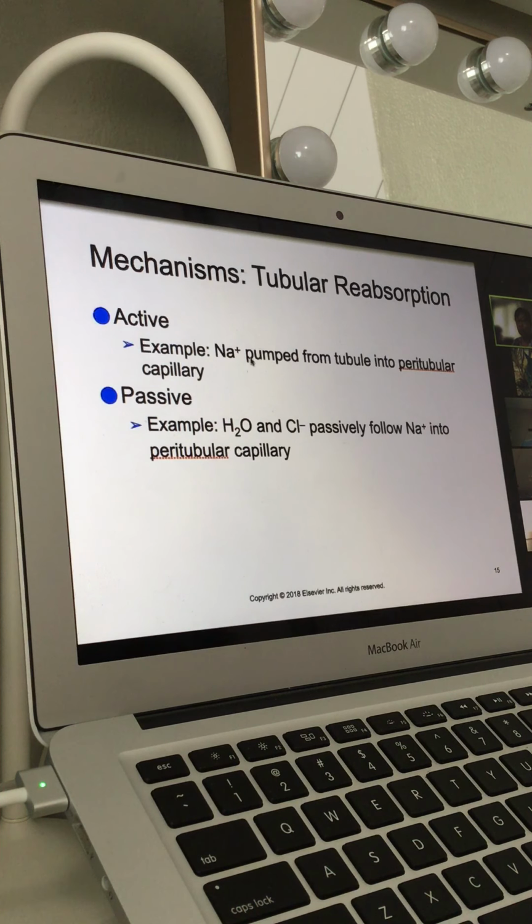There is more sodium on the extracellular side compared to the intracellular. So in order for the sodium to be pumped out, it needs additional help through ATP. And then passive, it can easily go in and out, from an area of higher concentration to an area of lower concentration.